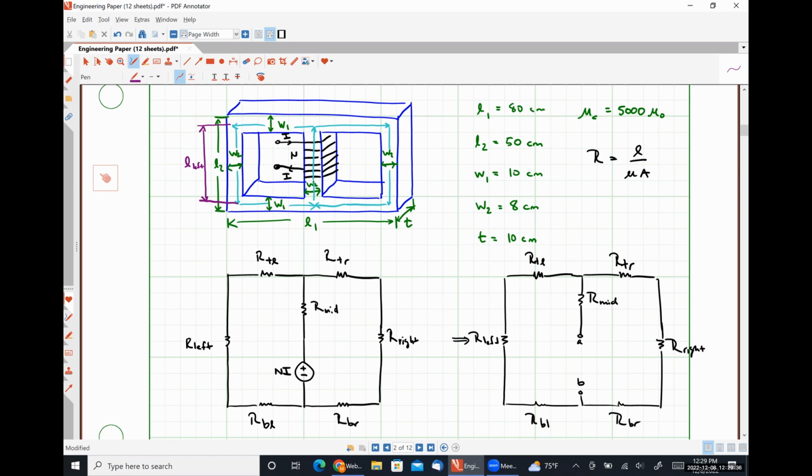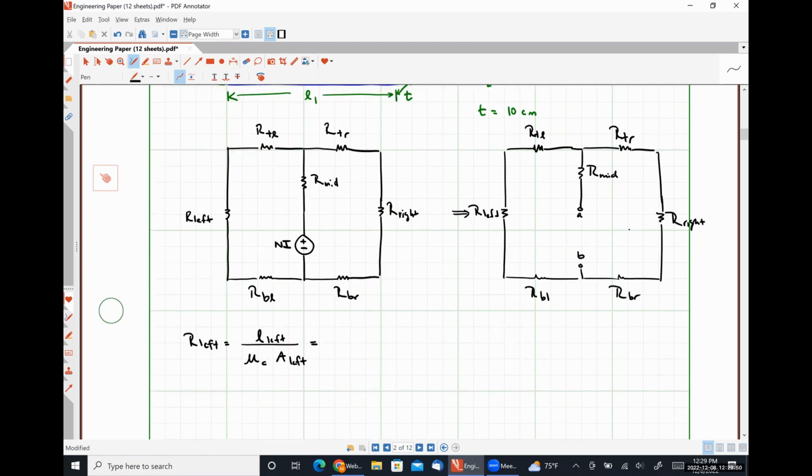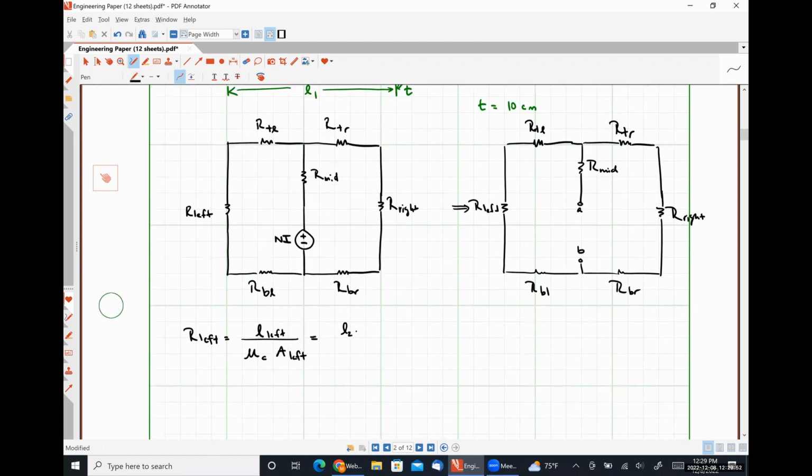So this distance L left is just going to be L2 minus W1. Everybody okay with that? We'll throw numbers in here in a moment.